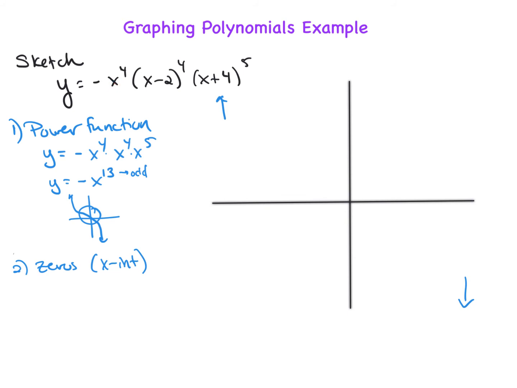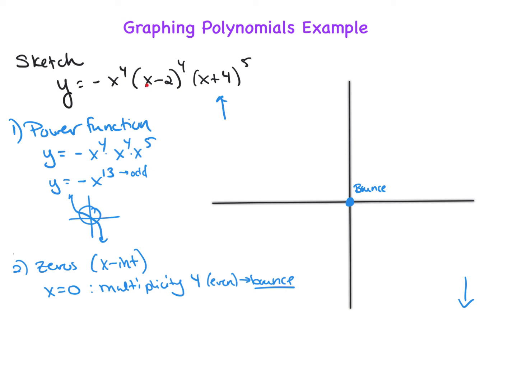This has an even exponent with it, so it has a multiplicity of 4, which is an even number, so it is a bounce intercept. So at x equals 0, I'm going to just remind myself I have a bounce intercept.